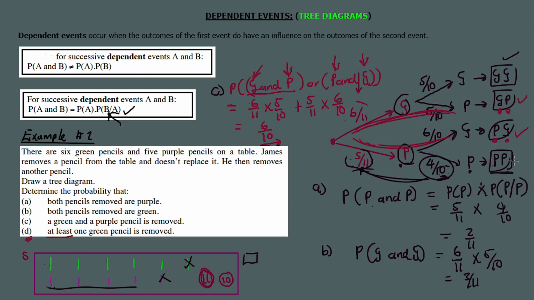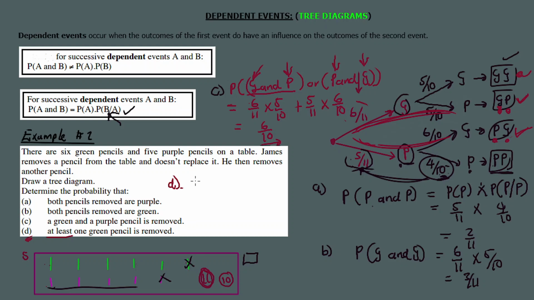Looking at the outcomes from the tree diagram, it's at least one. It's either one or more. So there's a green here and another green there. So now my outcomes are three.